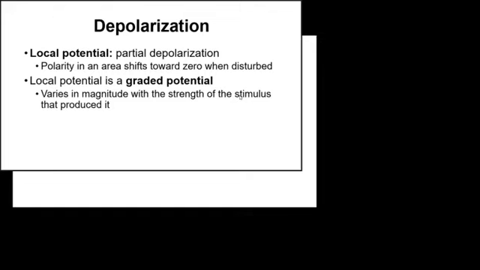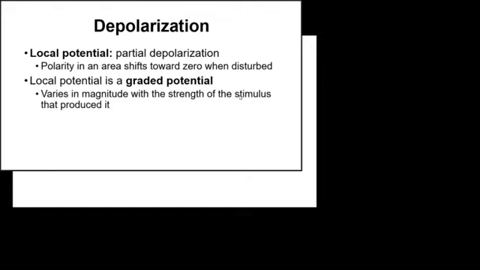We can also see it moving in the other direction, where if we have an inhibitory process, we're going to move away from zero. We're going to get more negative and be less likely to fire. So that's what's happening locally. And so these local potentials, unlike what you might know about an action potential on the level of the whole cell, a local potential is actually a graded potential.